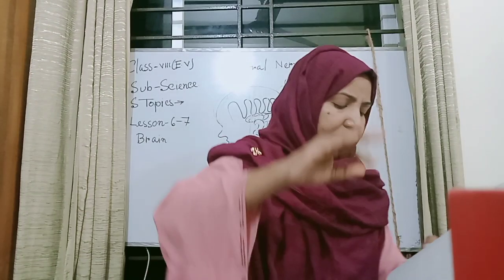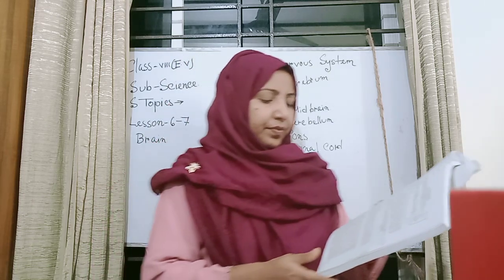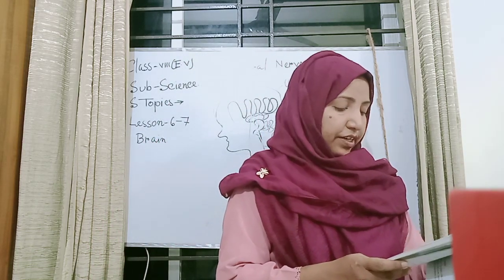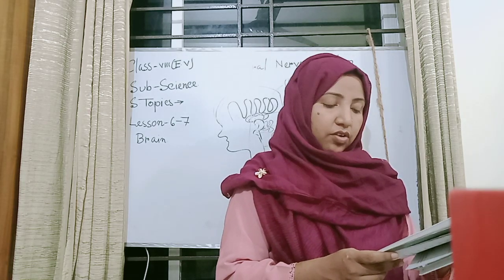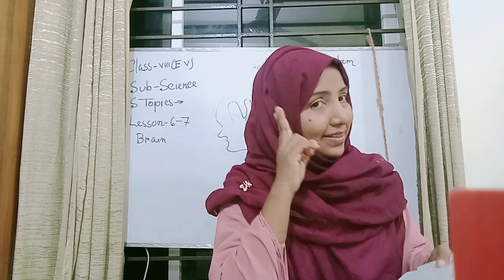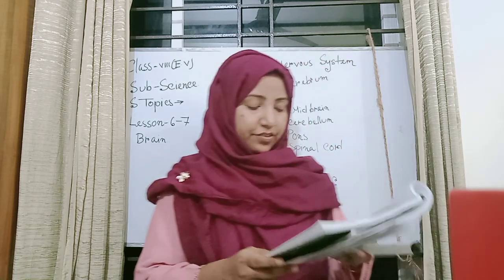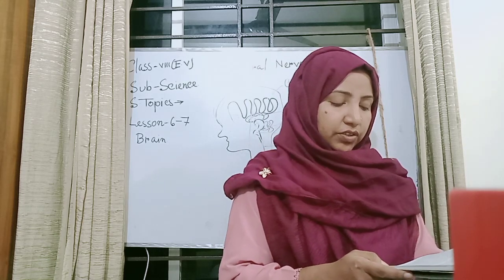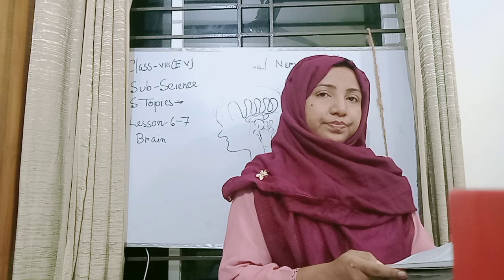The folded structure is the cerebral cortex, a convoluted or folded grayish layer of cell bodies of neurons known as the gray matter. There are 2 matters: the white matter and the gray matter. In the white matter only nerve fibers or axons are present, and no cell body is found.